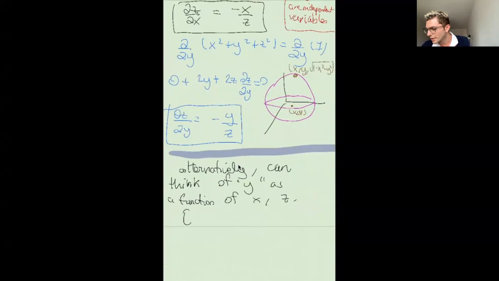Because again, secretly, this is our secret, we're not doing this, but we could if we wanted. You could also take the equation of the sphere to say that y equals plus or minus the square root of 1 minus x squared minus z squared.